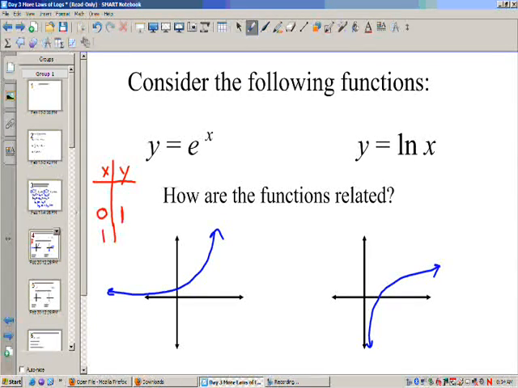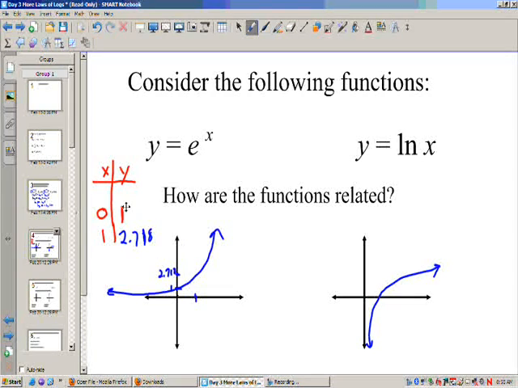And e to the first is just e, which is 2.718281828, blah blah blah, goes on forever. So let's just say about 2.7. So if I go out to 0, I go up 1. If I go out 1, that goes out to 2.718. And then we go to 2, and that's this number squared, and so on.